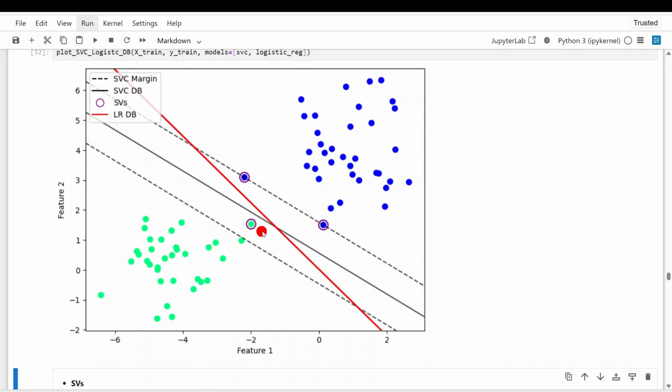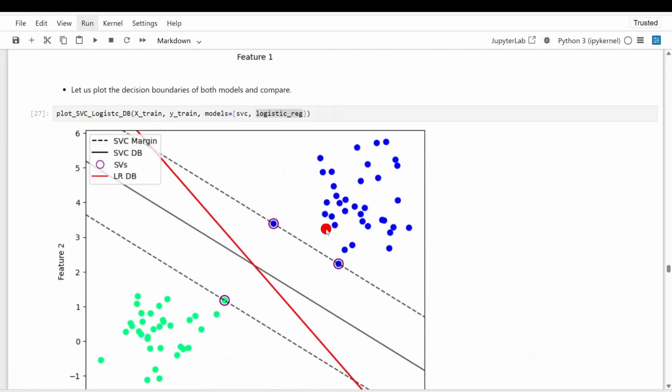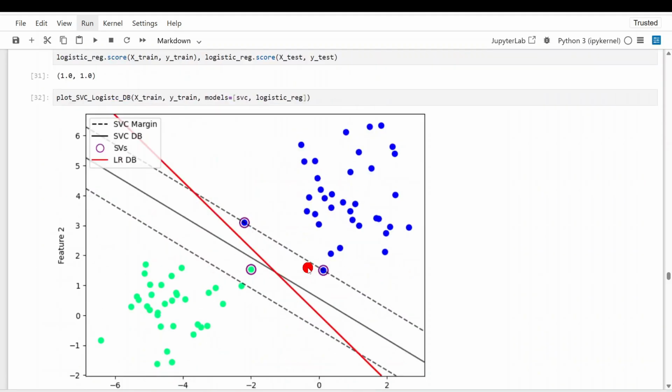Now this point is inside the margin, and this point is close to the support vector classifier decision boundary. Therefore, this is a support vector. Similarly, these 2 points are also support vectors. Therefore, similar to the previous data sets, again here we have 3 points which are support vectors, or 3 points which are closest to the support vector decision boundary.